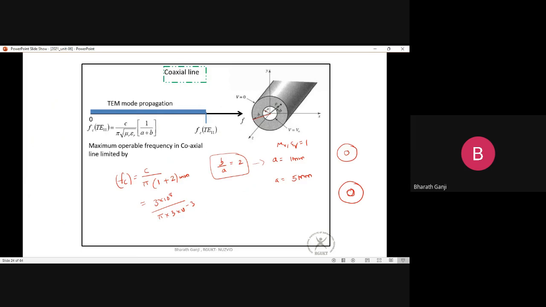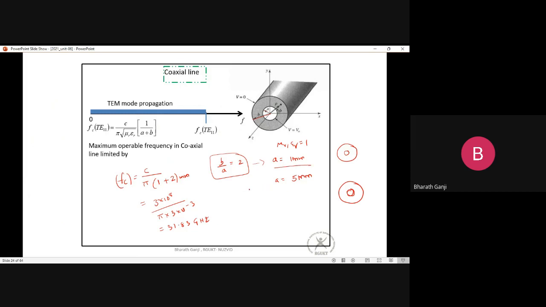So I can see 1 divided by pi. I'm getting it around 31.83 gigahertz. So that is the cutoff frequency in case of a equal to 1 mm.